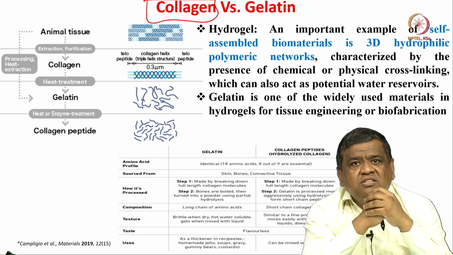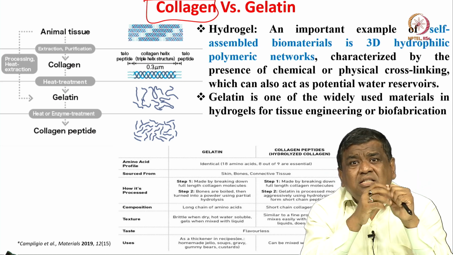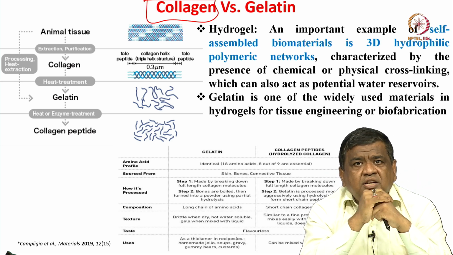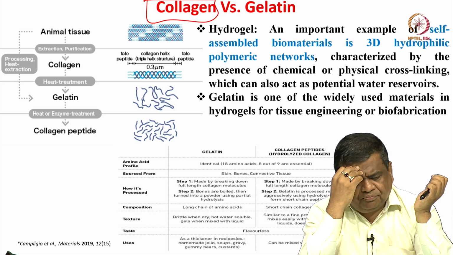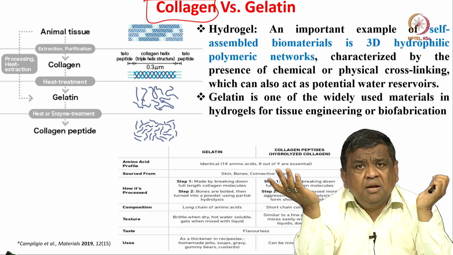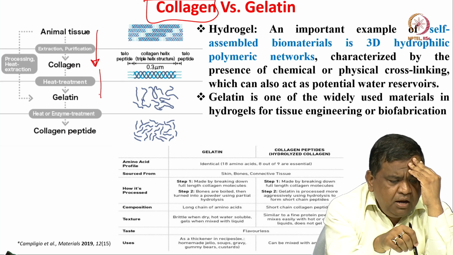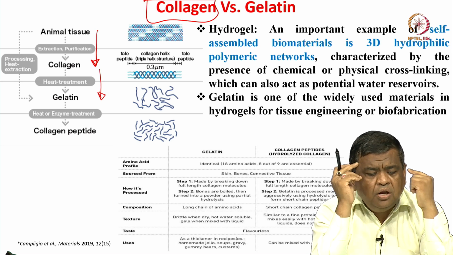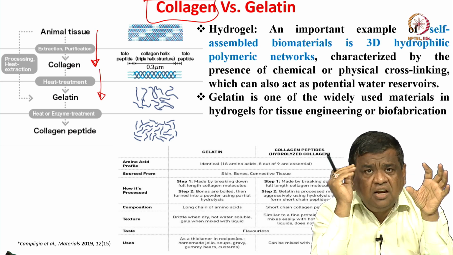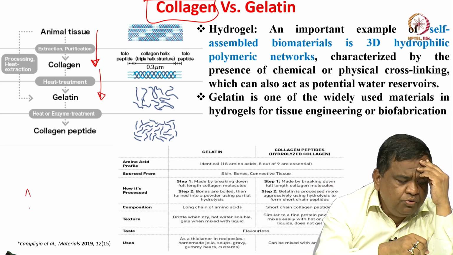So, they started developing collagen, but using collagen is very expensive, because collagen costs much more than gelatin. Essentially, if you take any animal tissue, you extract and purify it, you form collagen, and then you heat treat the material within a narrow temperature window, you get gelatin. So, gelatin is the denatured part of the collagen.